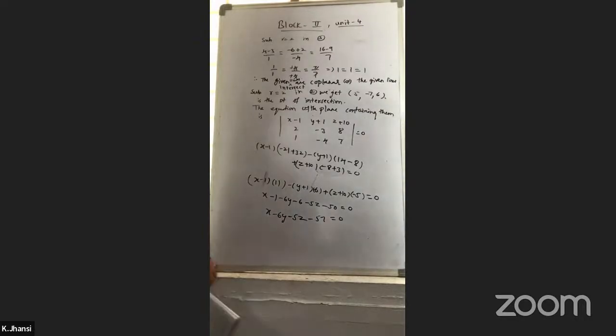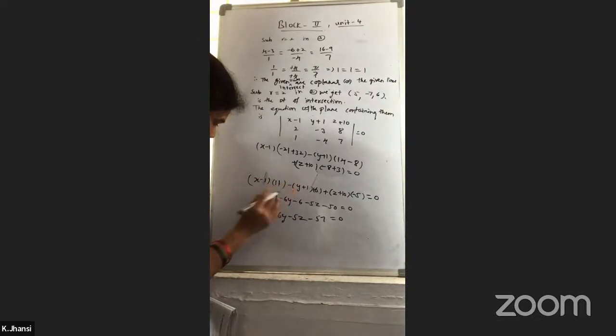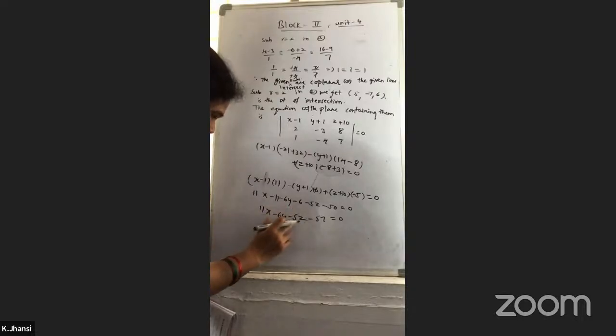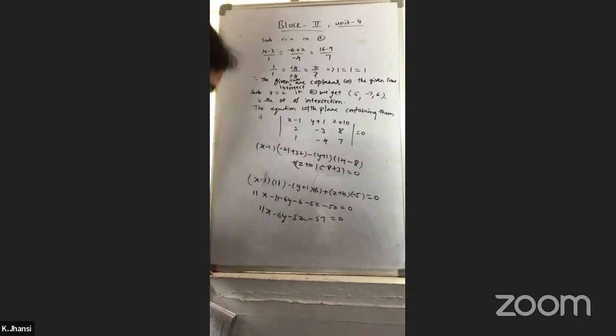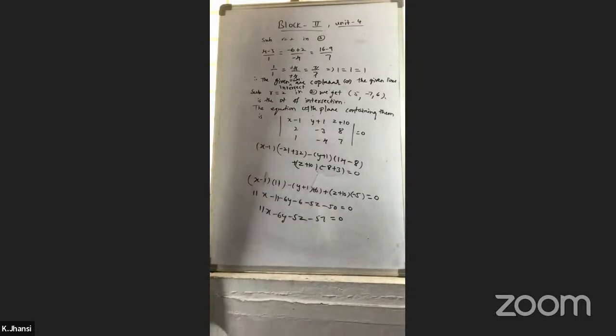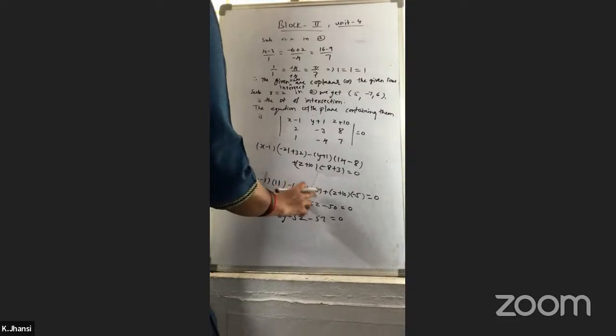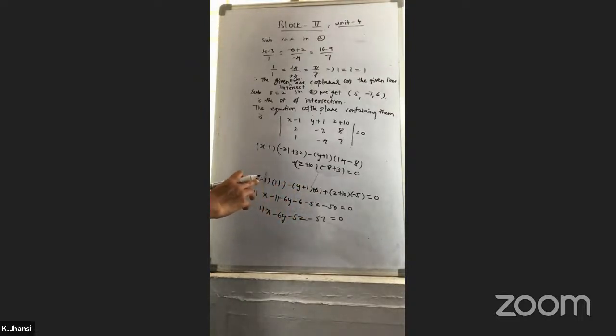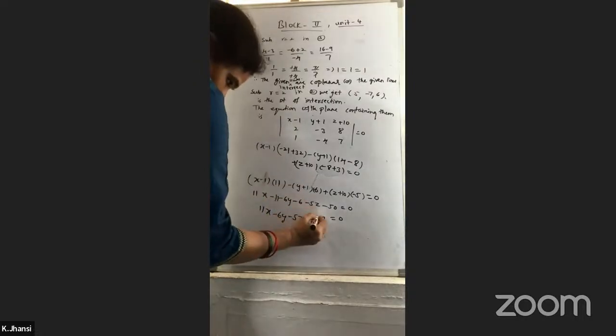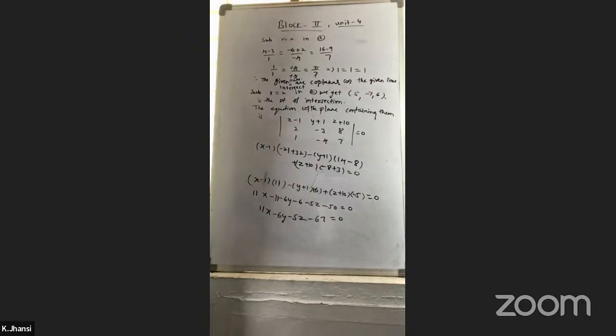So this is 11x minus 6y minus 5z minus 67 equals 0.